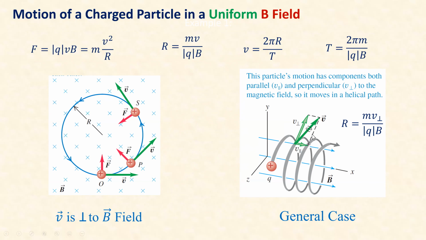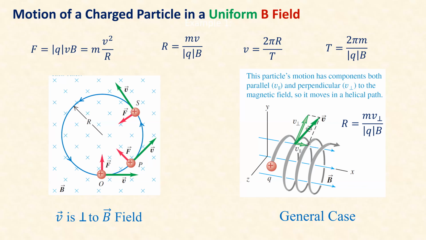As it is going on the circle, it goes in one direction along the magnetic field. And therefore, it goes on a helical path, as you see here. All right, but the radius of the helical path will be given by m v perpendicular divided by qb. See, this was mv divided by qb. This has become m v perpendicular divided by qb.